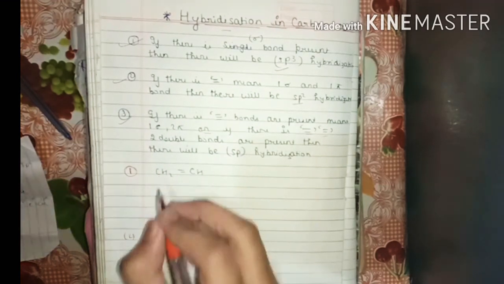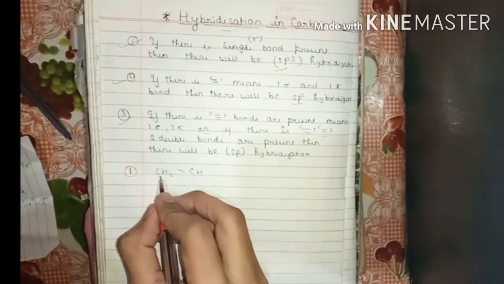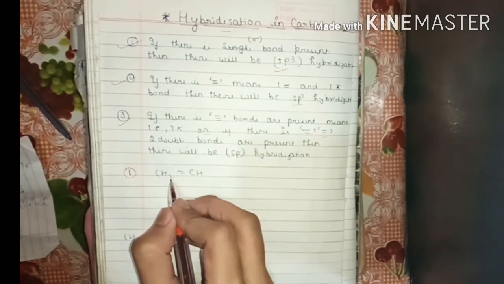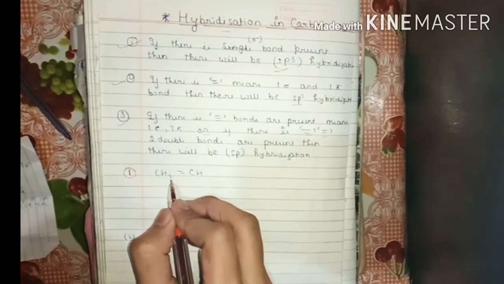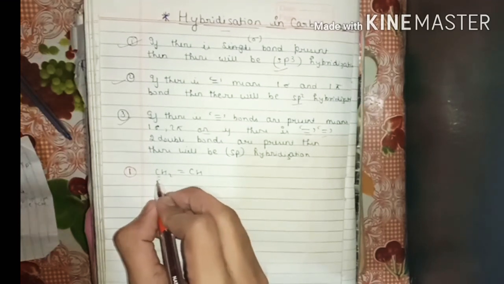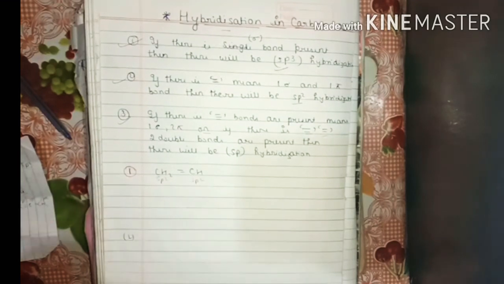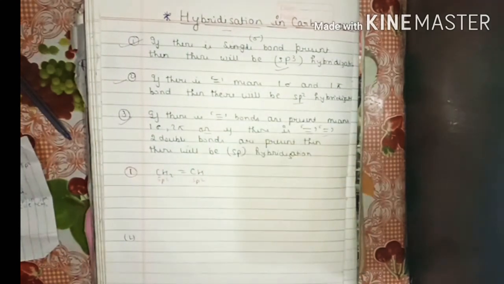Here double bonds are present, so there will be sp2 hybridization, and also sp2 on the other carbon, because double bonds are present. So by the second point you can calculate this.